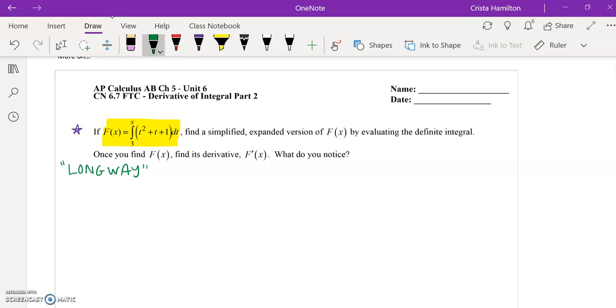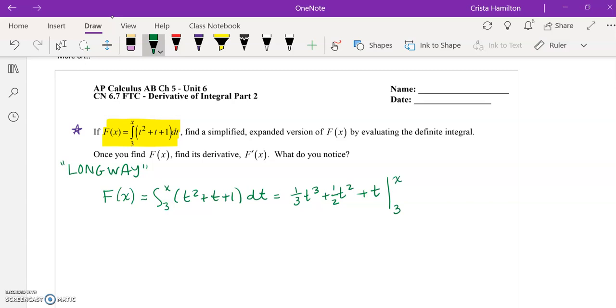So the first thing I would do is calculate an antiderivative of the derivative, t squared plus t plus 1 dt. That antiderivative would be 1/3 t cubed plus 1/2 t squared plus t, and then instead of putting plus the constant right there, we're going to evaluate this from 3 to x.